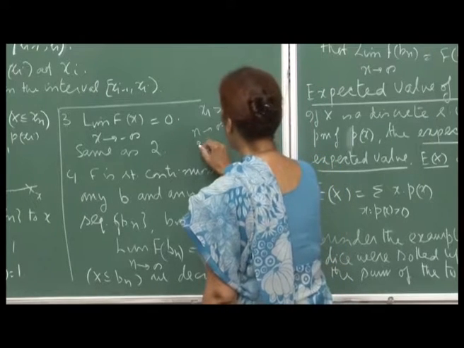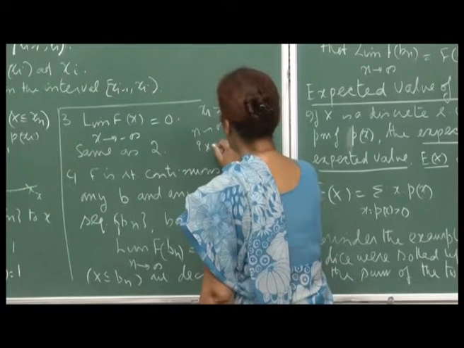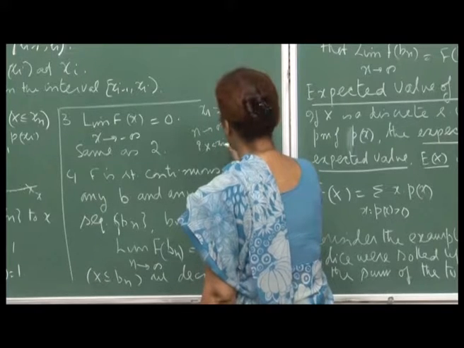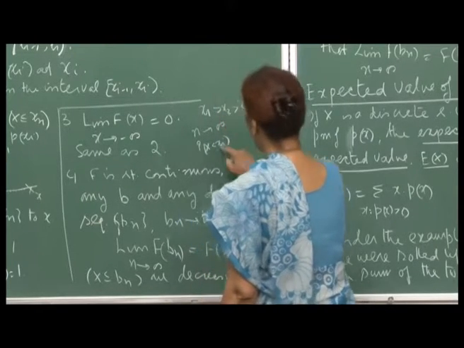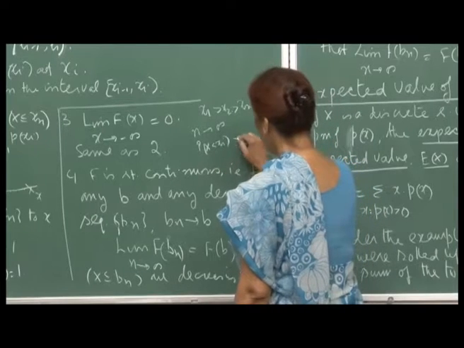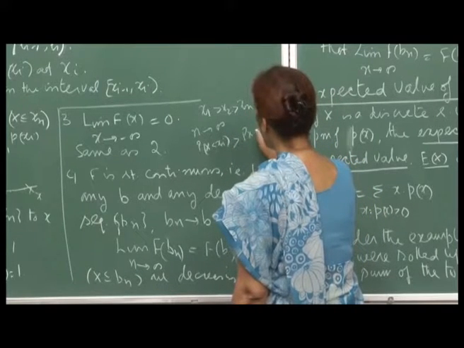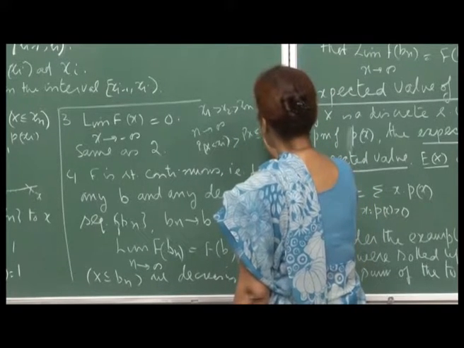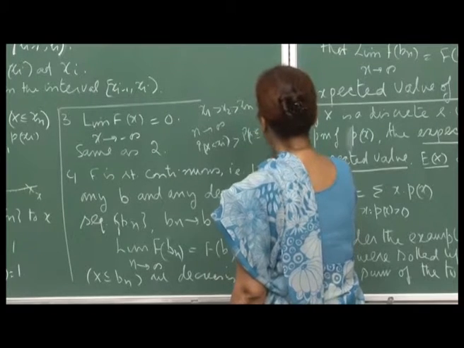You will be considering the event X less than or equal to x i, and this is bigger than the probability of X less than or equal to x i plus 1. So this is the whole idea.